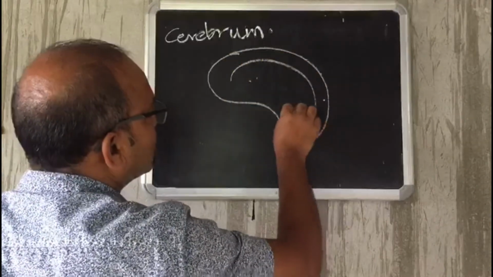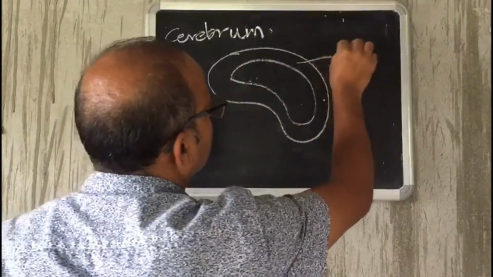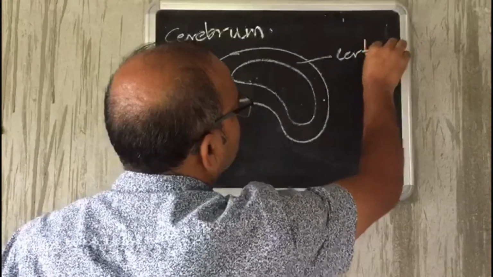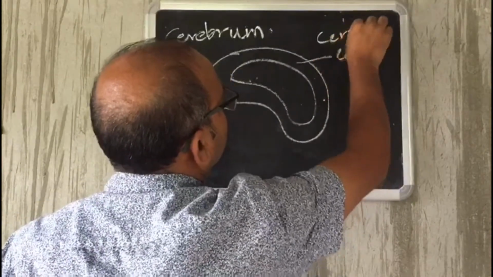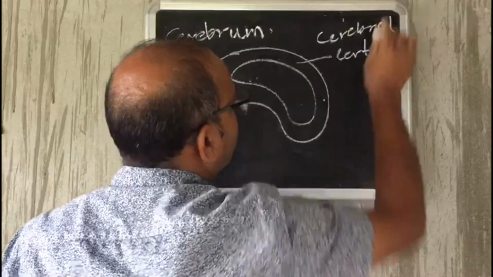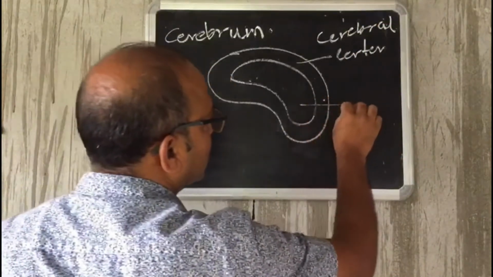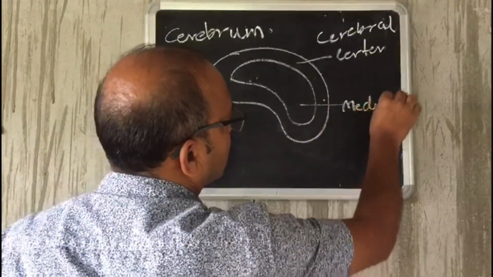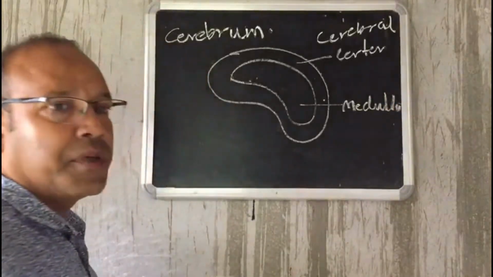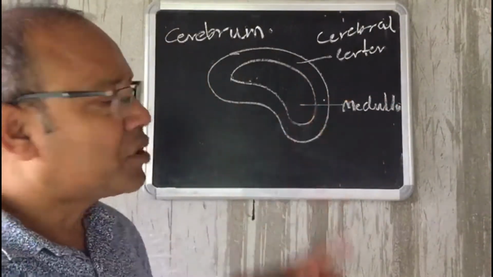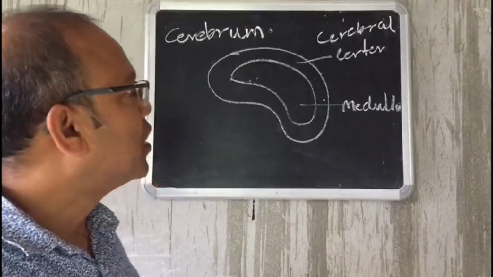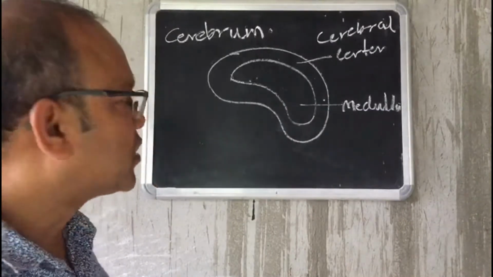The outer region is called the cortex, or cerebral cortex, and the inner region is called the medulla, or the cerebral medulla. The outer region, the cerebral cortex, consists mostly of cell bodies.